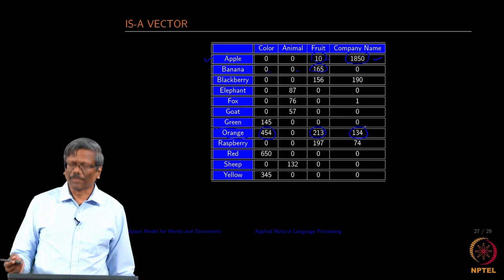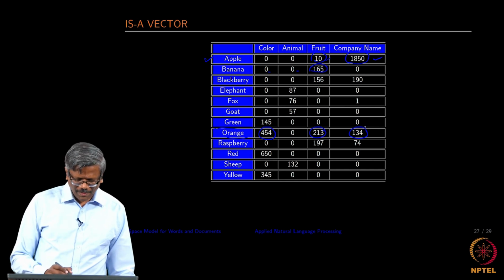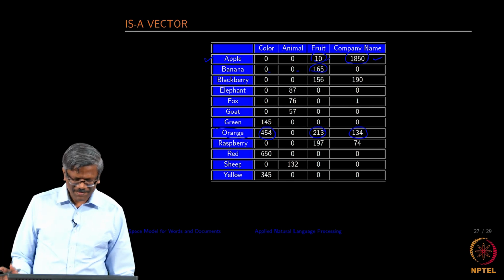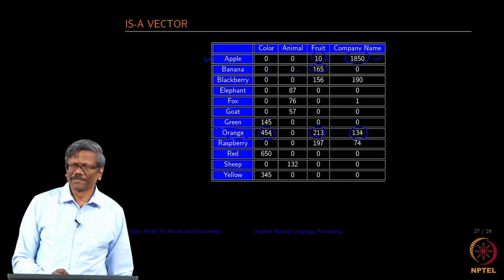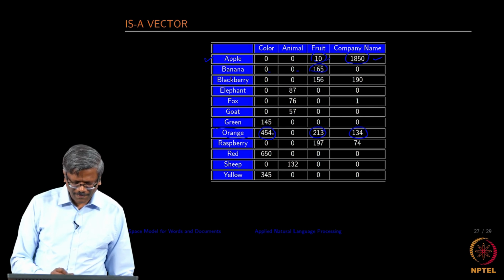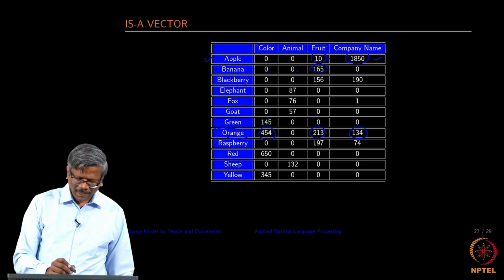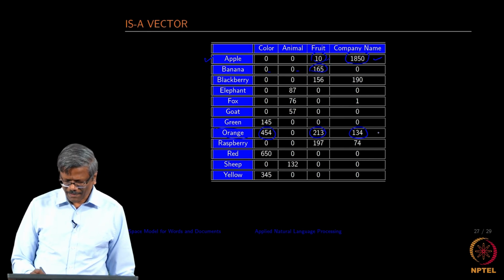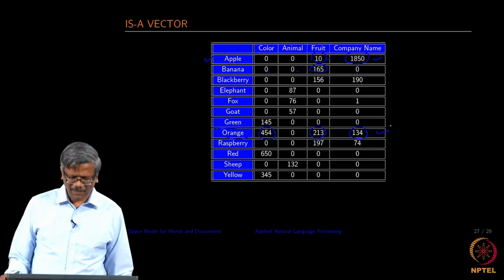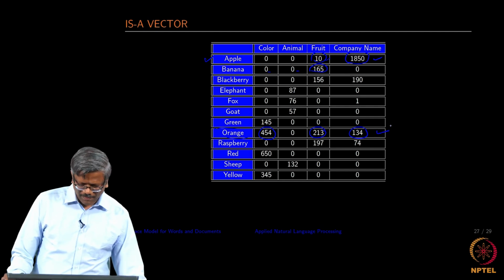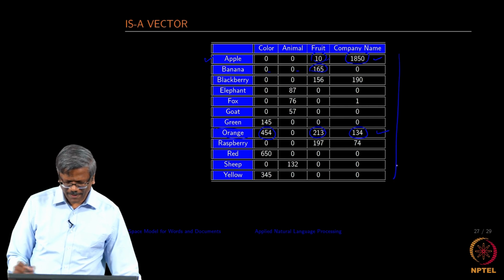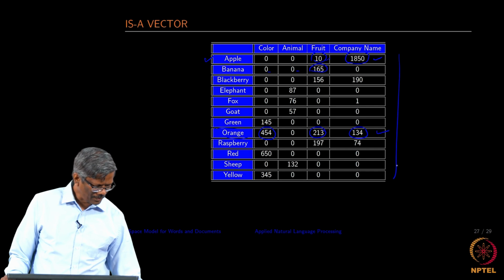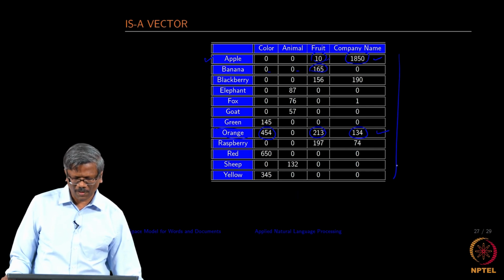If the company is not very popular, and if the color has been used in the documents many times, you will see a higher frequency of that, and then the probability of retrieving the documents with respect to the color is more than the company name. Okay. So, this is how I represent the is-a relationship with respect to all the documents in the corpus that I have. So, what can I do with that?